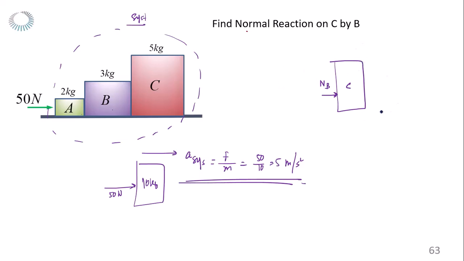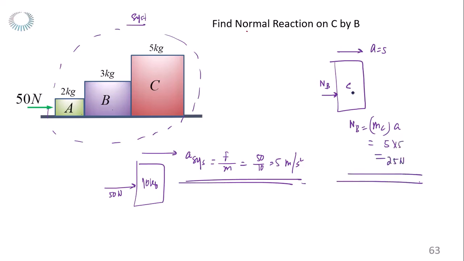No other force acts on the C body, and because of this normal, the particle moves in this direction with acceleration 5 meter per second square. Applying Newton's law, force equals mass into acceleration, so NB equals MC into a. Mass of C is 5 kg, into 5, that is 25 Newton. So 25 Newton is the normal force acting on C by B.